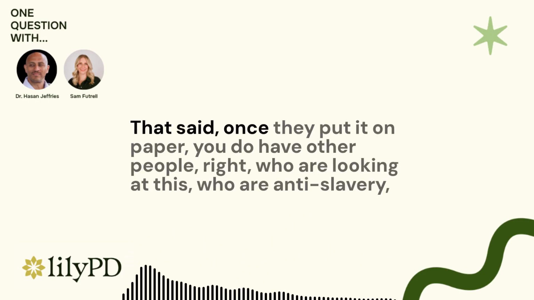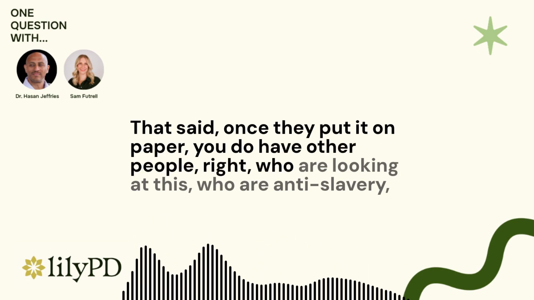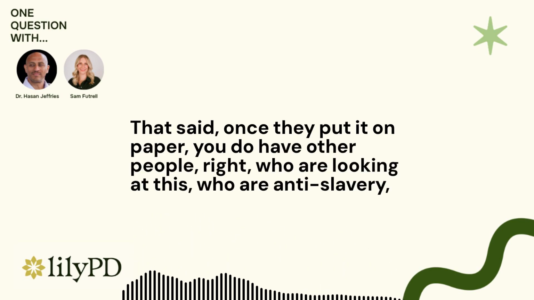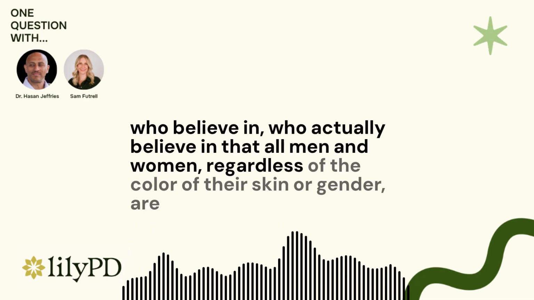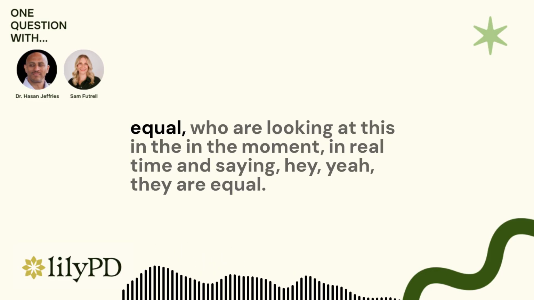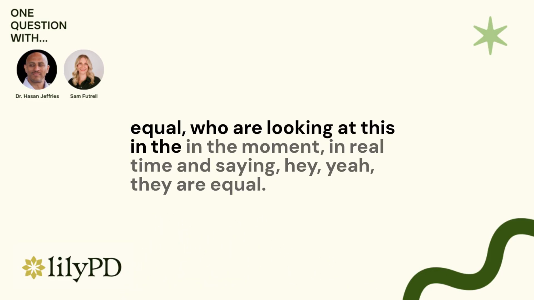That said, once they put it on paper, you do have other people, right, who are looking at this, who are anti-slavery, who actually believe that all men and women, regardless of the color of their skin or gender, are equal, who are looking at this in real time and saying, hey, yeah, they are equal.